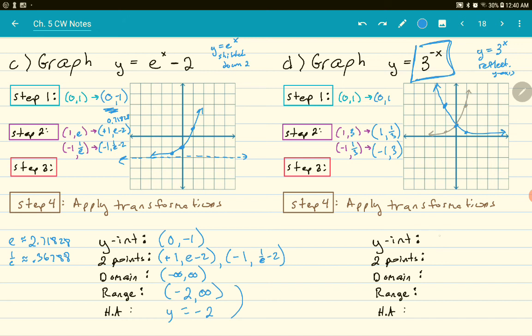Okay, so my y-intercept has not changed. It flipped over the y-axis, but that doesn't change the y-intercept. My 2 points have changed. The y's swapped.